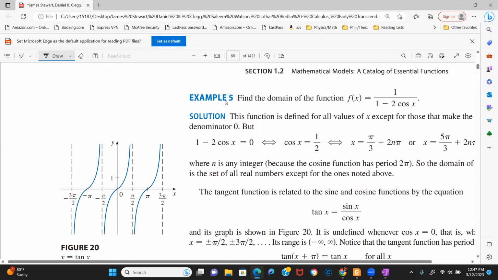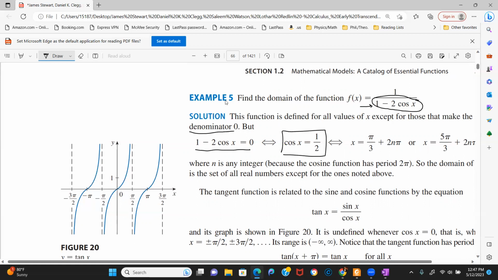So you want to find where this function is defined. Well, remember, domain is the largest set of values for which the function makes sense or is well defined. So the only place that you could have trouble is where the denominator is zero. So just take this denominator right here and set it equal to zero. And when you do that, you can solve for cosine x.